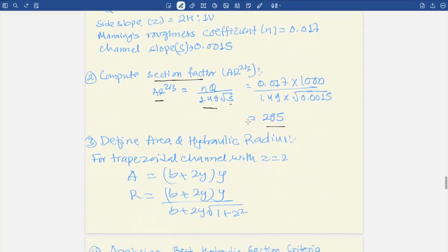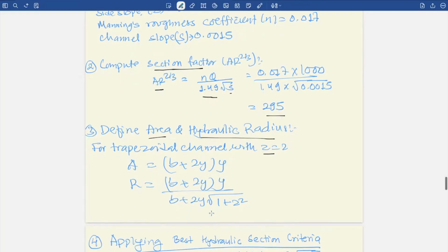So let us write the equations for finding the area and hydraulic radius. For a trapezoidal channel with Z equal to 2, our area is given by (b plus 2y) times y, whereas our hydraulic radius is given by (b plus 2y) times y divided by b plus 2y root under 1 plus z square. And we need to apply the best hydraulic section criteria.